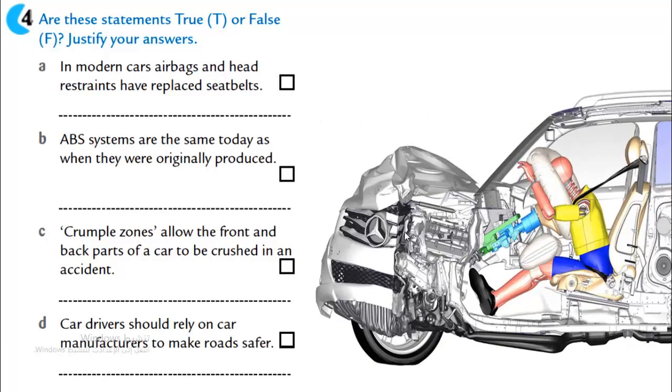Read the text again and decide if these statements are true or false. Read again silently, try to answer these questions, decide if the statements are true or false, and justify your answer.